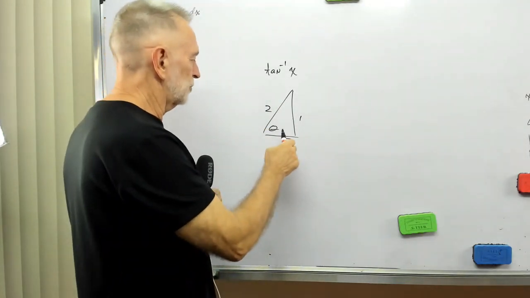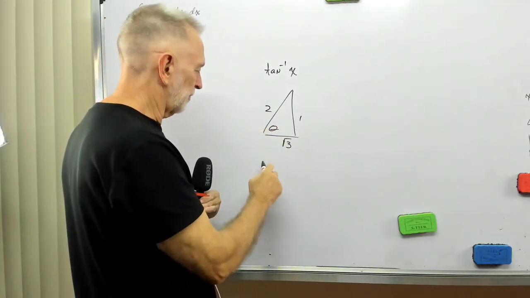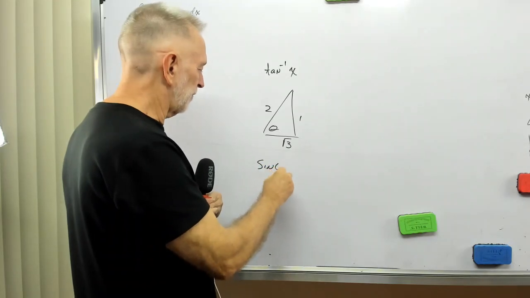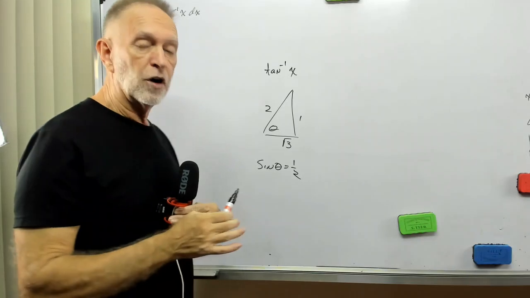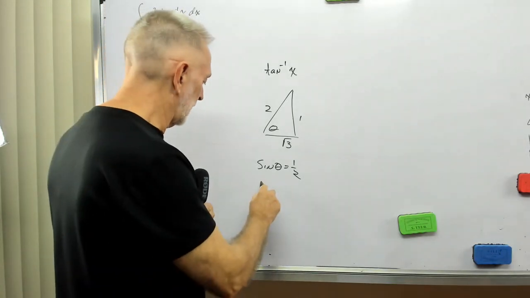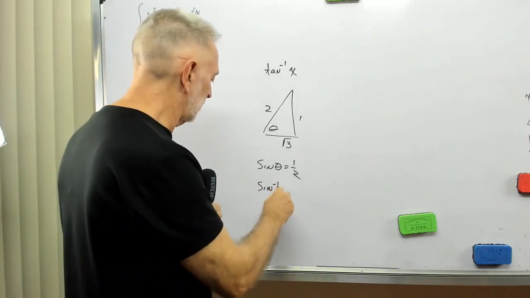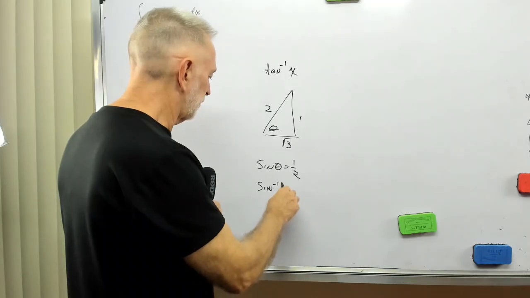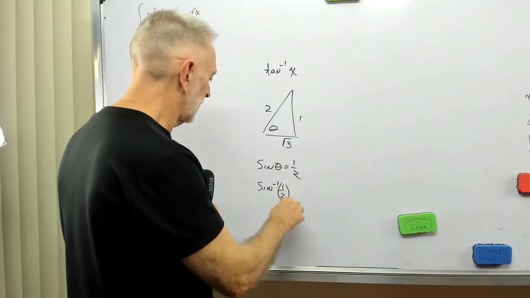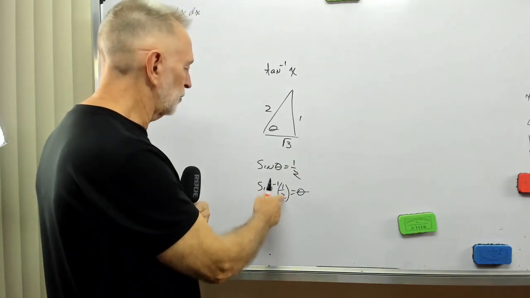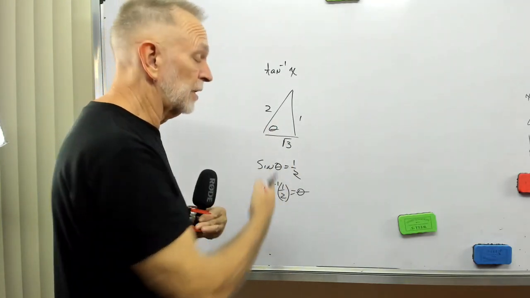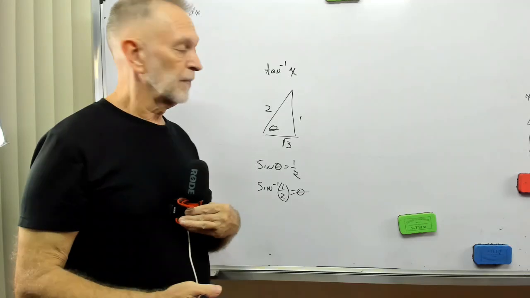Okay, that is a 30-degree angle here. If I said sine of theta equals 1/2, if I want to understand theta, then I would say sine inverse of 1/2, and that equals my angle. So if you were to put sine inverse 1/2 in your calculator, you'll get 30 degrees.